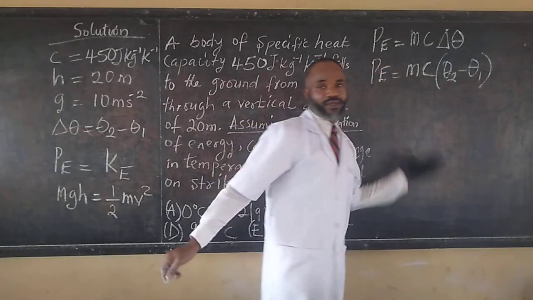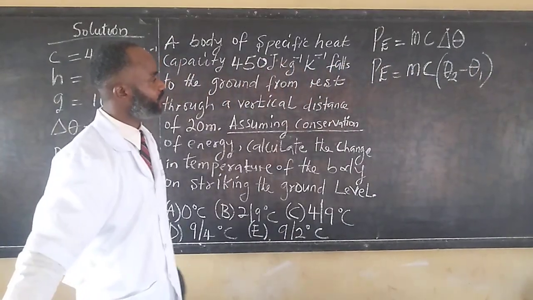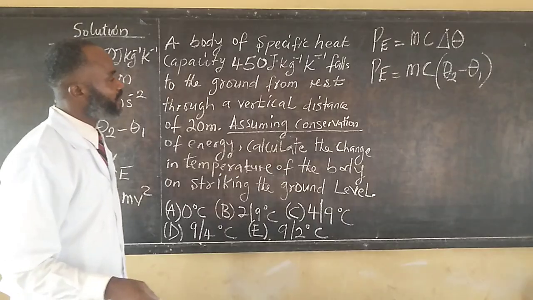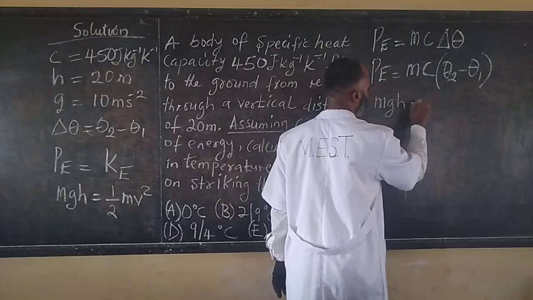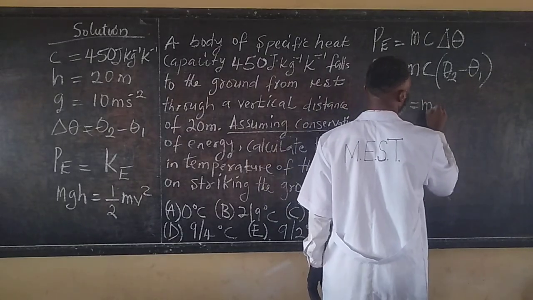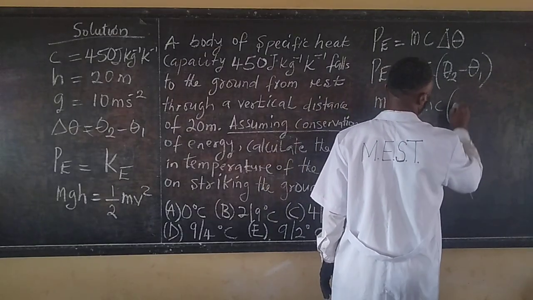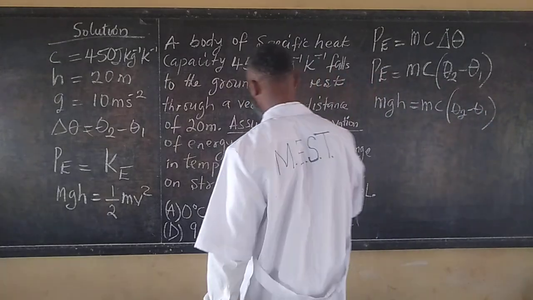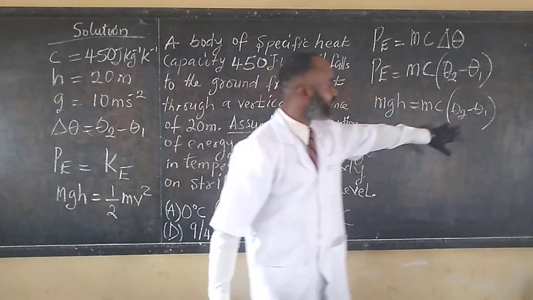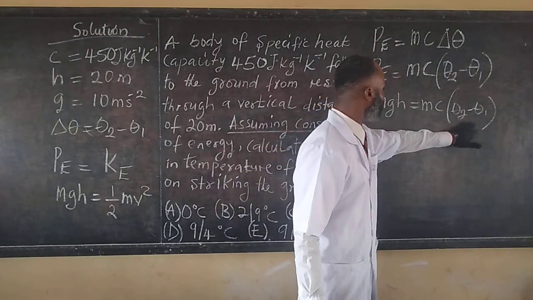So in place of potential energy, we have mgh, and here we have mc(theta 2 minus theta 1). There's a temperature change, and that's what we're looking for. We can make this the subject.